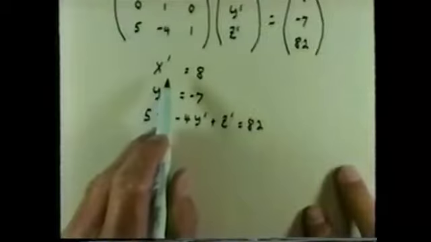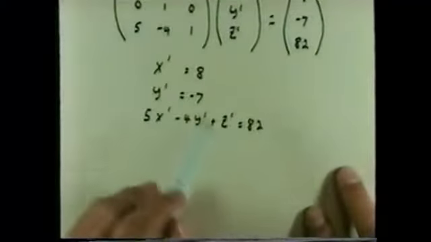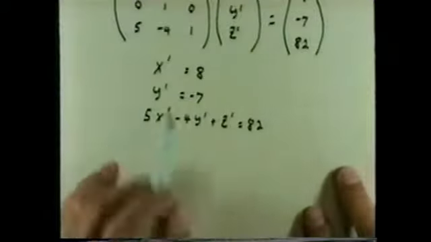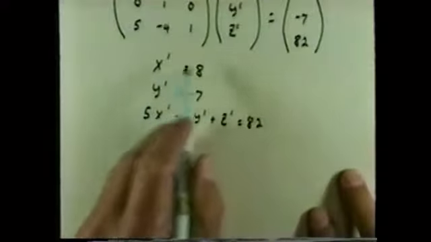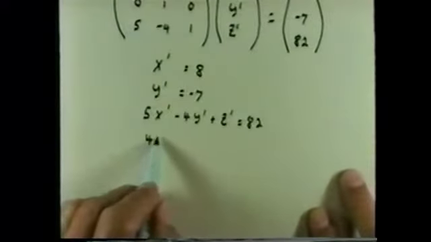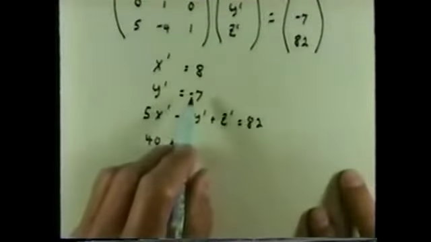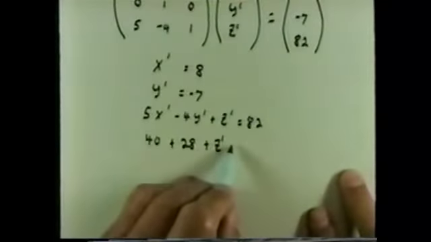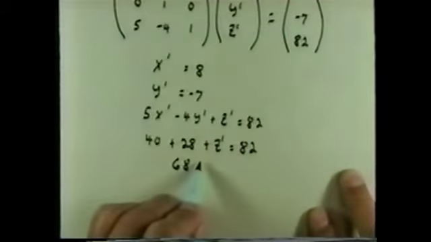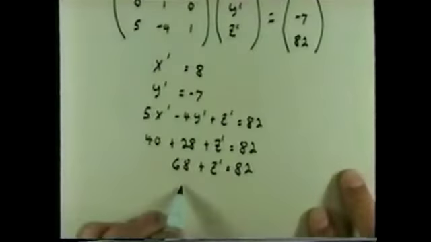Now this is very easy to solve for x prime, y prime, and z prime. It may not always be as easy as mine, but back substitution is all you'll ever need. I know x prime, I know y prime. So if x prime is 8, that means I have 40, plus negative 4 times negative 7 is 28, plus z prime is equal to 82. 68 plus z prime is 82.